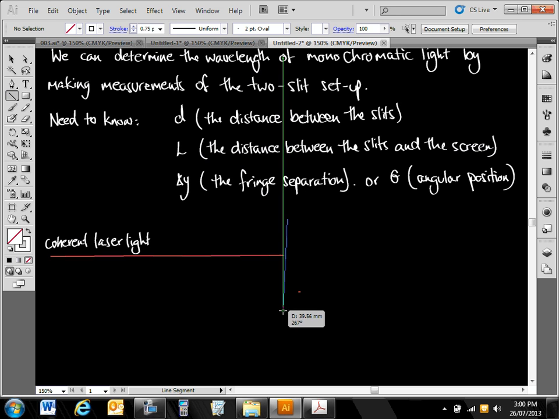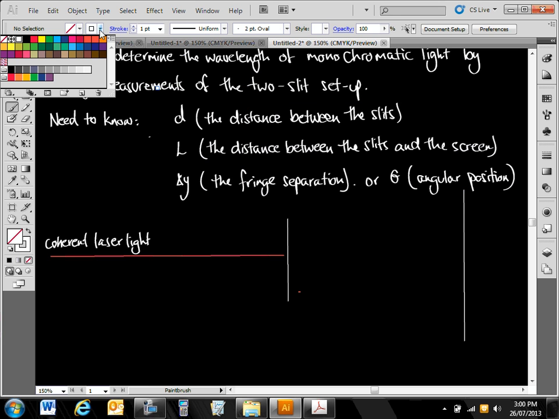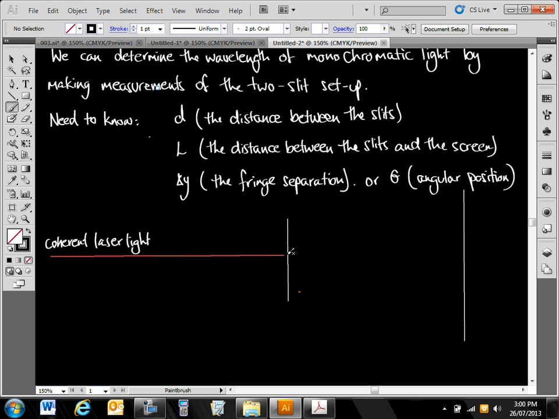What if I put a wall over here? What have I put here? What sort of slits? Two slits, okay. So let's say very narrow two slits.